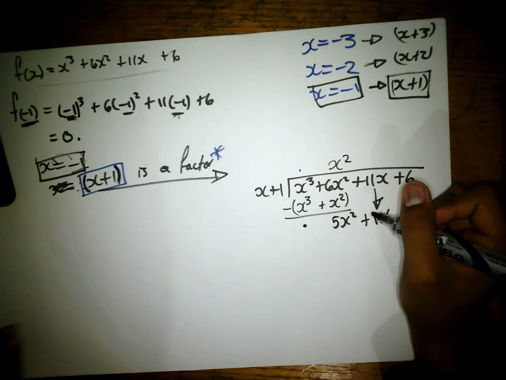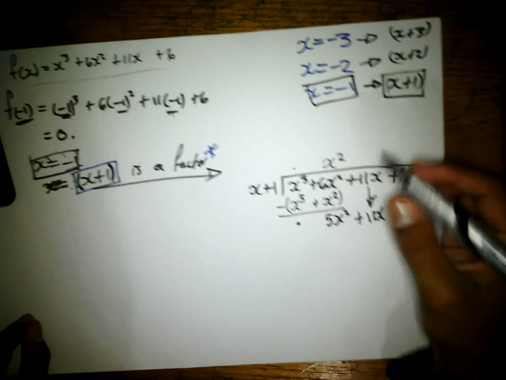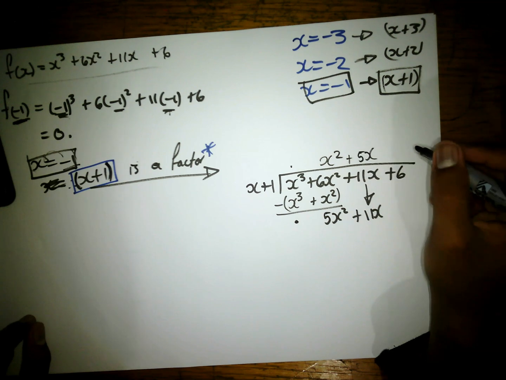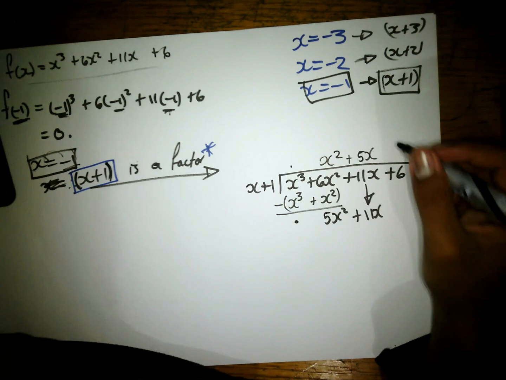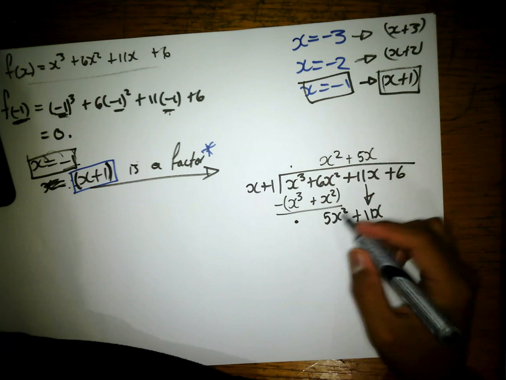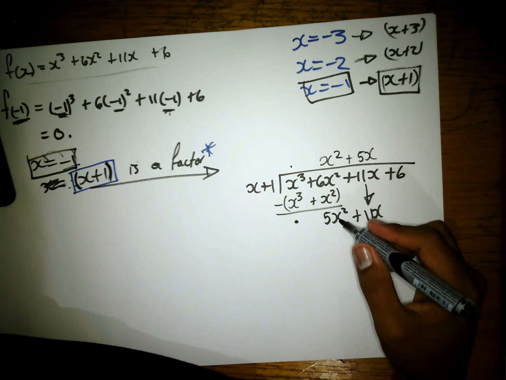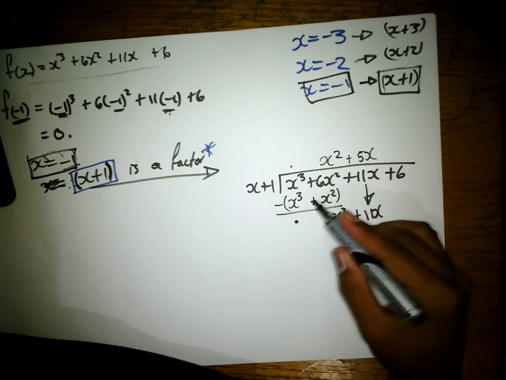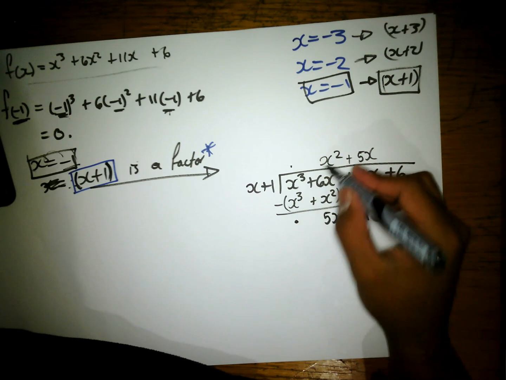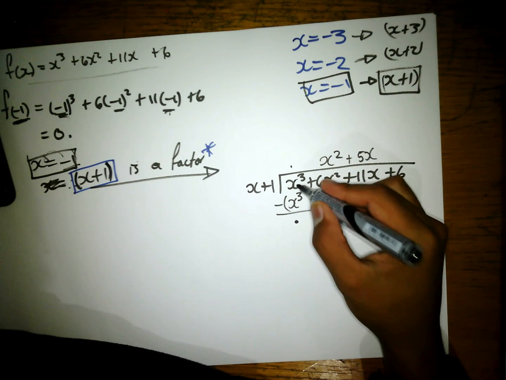So now we look at this 5. How I see it is I say x divided into 5x squared gives me 5x. Whatever you multiply from the top with your factor will always cancel this front number. If it doesn't cancel, you know you did something wrong, maybe with your subtracting or your addition, whatever the sign is, because this times this must give you something to cancel with whatever you have just above that one.